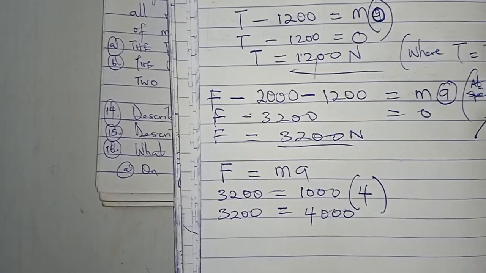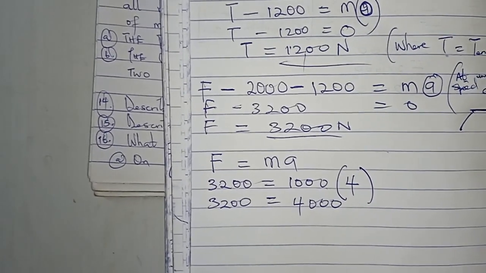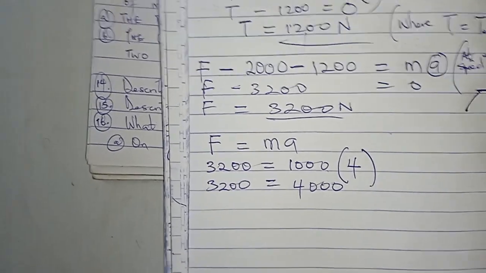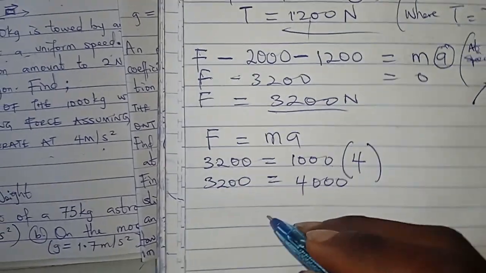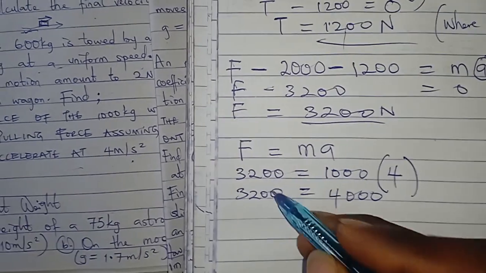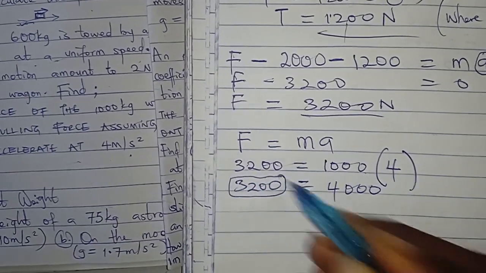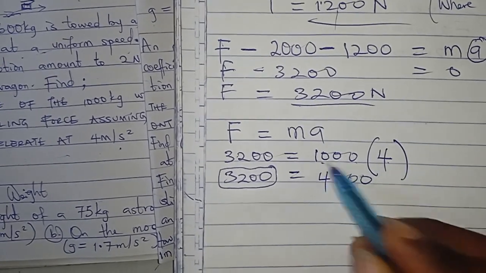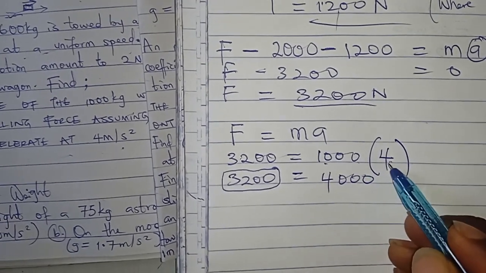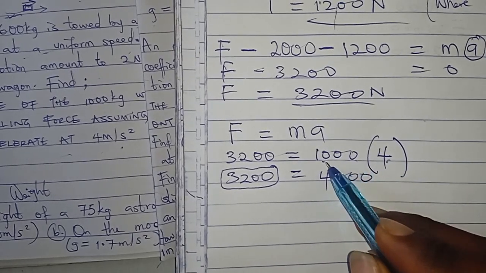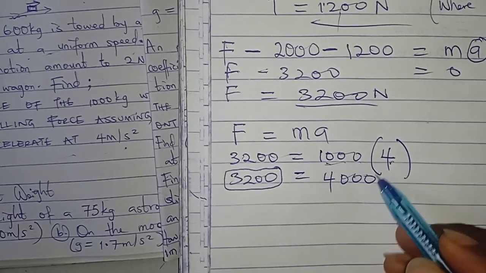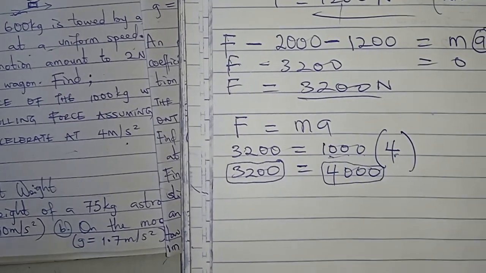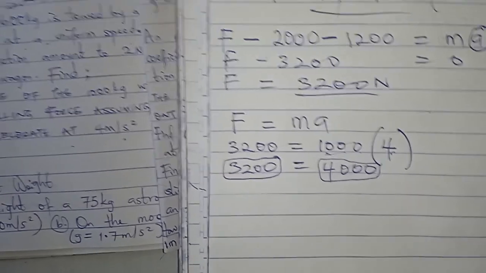Are you seeing it? So we can clearly see that the pulling force is 3,200, and when this body, which is 1,000 kg, accelerates at 4 meters per second square, notice that it is now having a new force, which is 4,000.